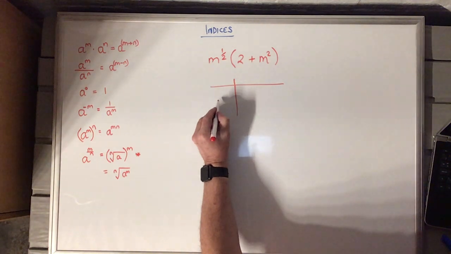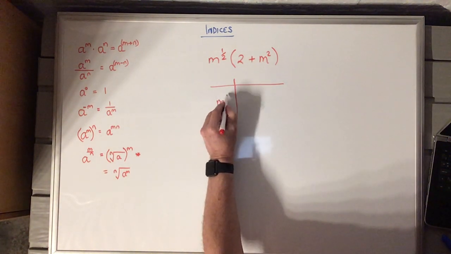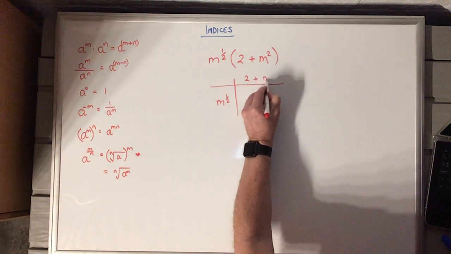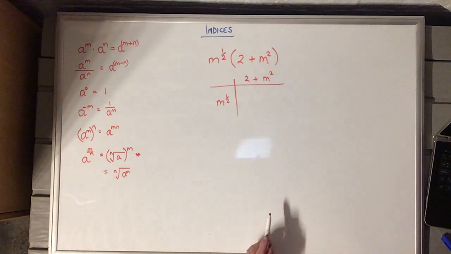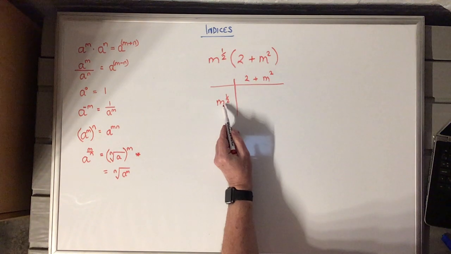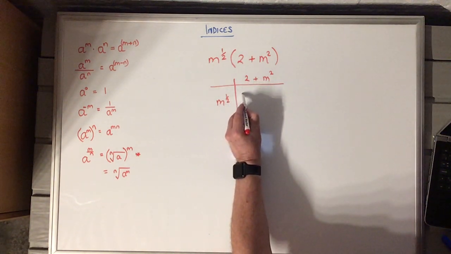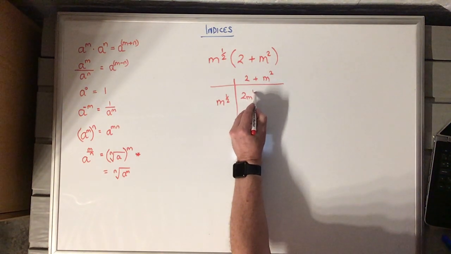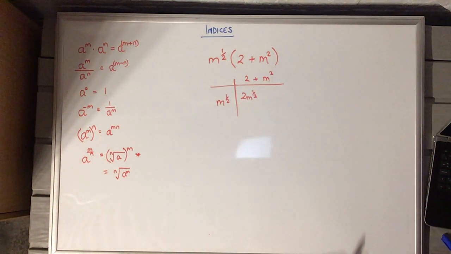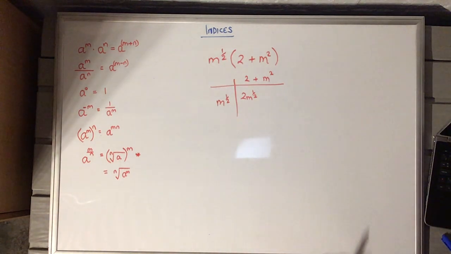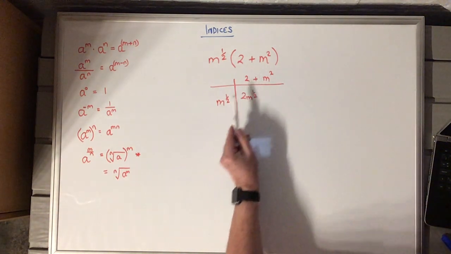So we have m to the power of half, and we have 2 plus m to the power 2. So 2 times that, we have 2 of these. So that's 2 of the m's to the half. Lots of people make a mistake there and put m, that wouldn't be true. We have 2 of these.